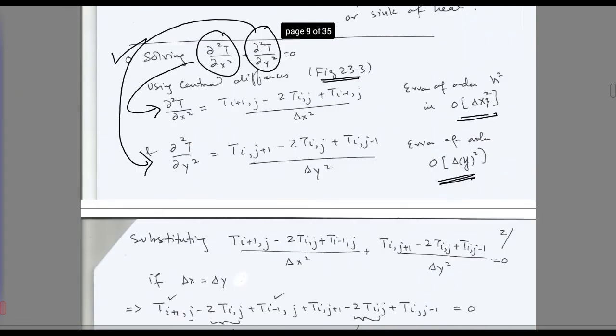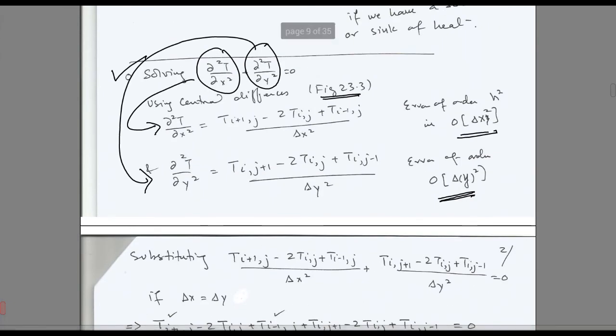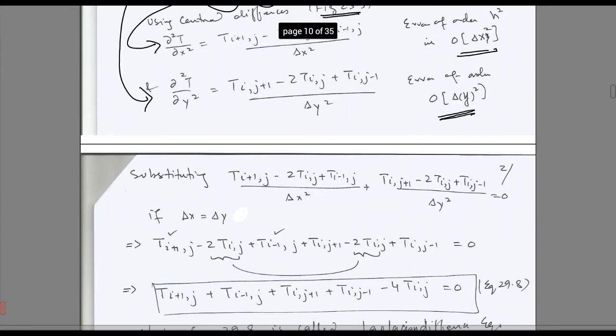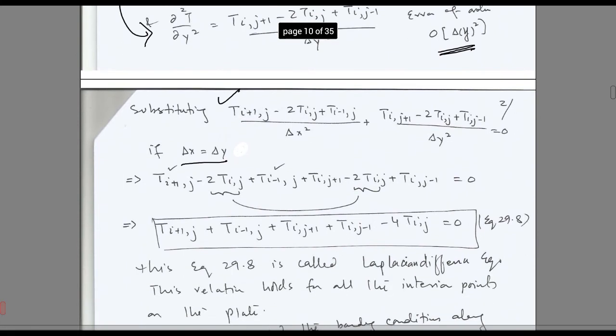So when we replace in the partial differential equation, it turns into this equation, and if delta x equals delta y, the equation goes as follows. Delta x and delta y cancel out.